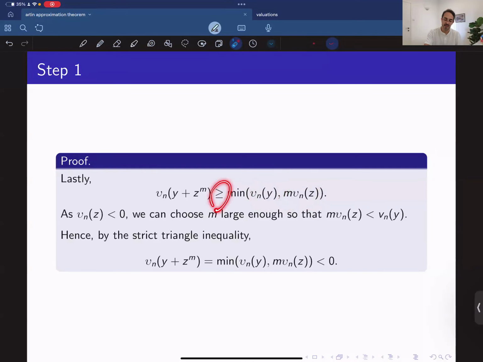That would turn this inequality into an equality. And therefore, the nth valuation on x is the minimum between two things, one of which is negative. Actually, you can make the other negative too, but the minimum is enough, so that's strictly smaller than 0, and you're done.